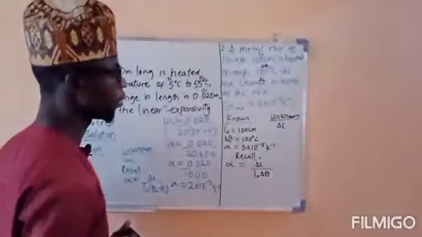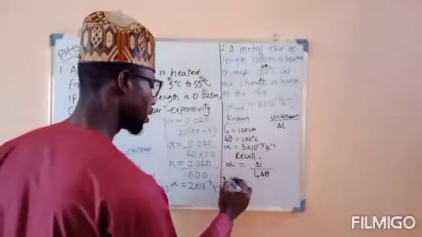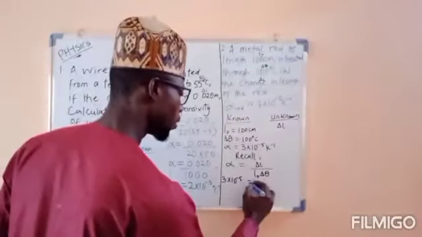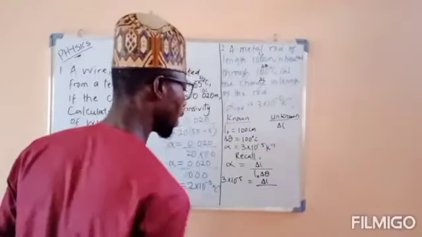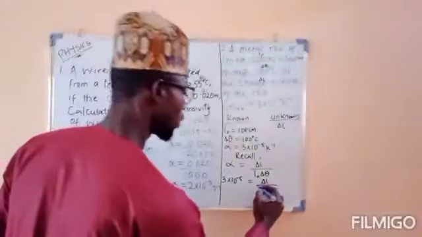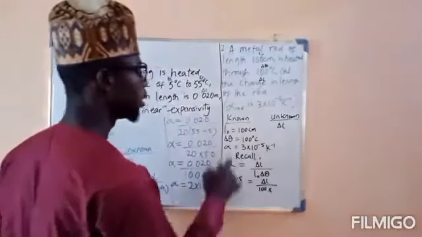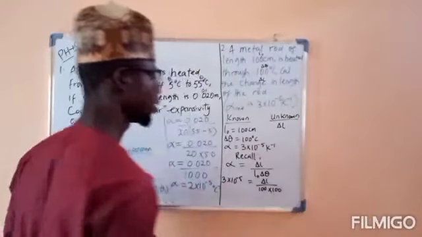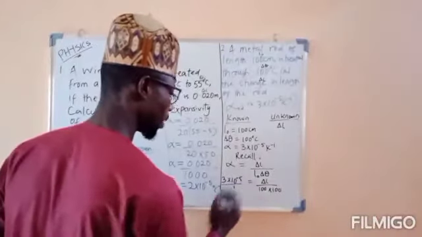So substitute our values. I have alpha to be 3 times 10 raised to power minus 5. This is equal to change in length that I'm looking for all over original length, that is 100 centimeter multiplied by temperature rise, that is 100 degree Celsius.